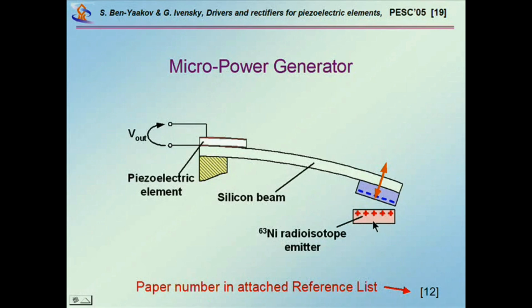It has a radioisotope source here, which is emitting particles, which are, I guess, beta, and these will charge this negatively, and this will be charged positive. Due to the interaction between these two charges, the beam will bend until it touches, and when it touches, it will, of course, discharge, and then it starts moving.